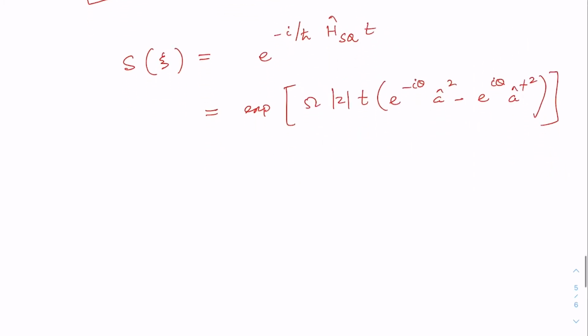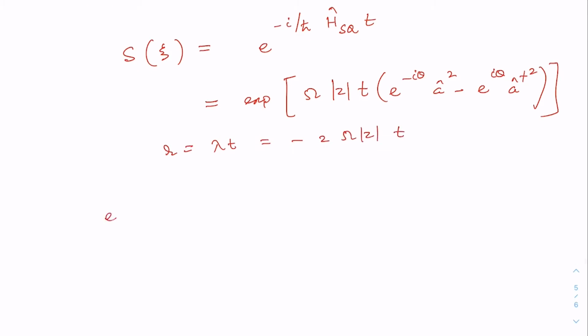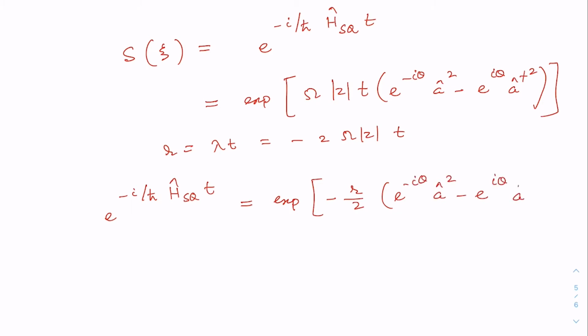Okay, so this is my squeezing operator, and because we have already taken r is equal to lambda t, which is minus twice omega mod z, that is our lambda. So therefore I can finally write this expression, e to the power minus i by h cross H_sq t, is equal to exponential r by 2 times e to the power minus i theta a square minus e to the power plus i theta a dagger square, which is basically my squeezing operator.